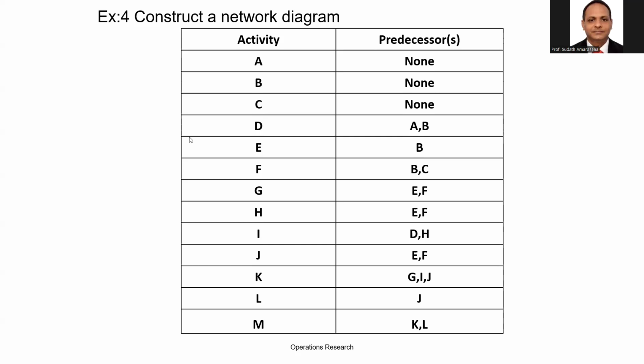It looks like so many activities, but it's not of great difficulty. First draw a circle to represent the start of the project. Put the number 1, right? Then from the starting point, we can draw the 3 arrows A, B, C.